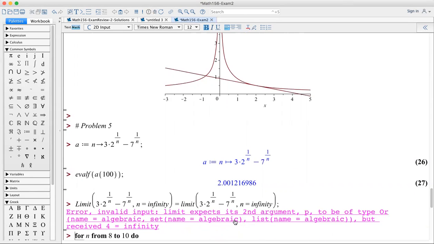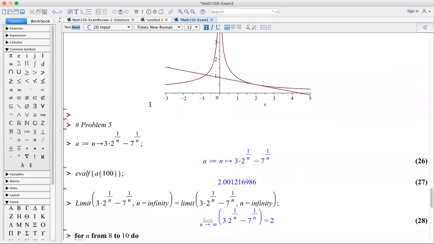This is what it is now. Let me just do this. I cleared the memory, and now I get the answer. This limit is 2.